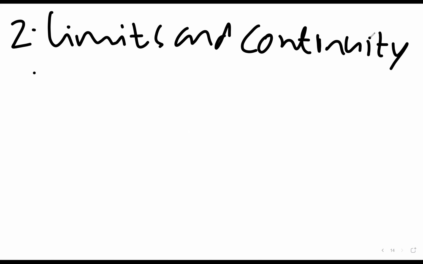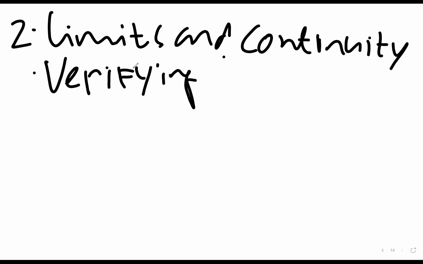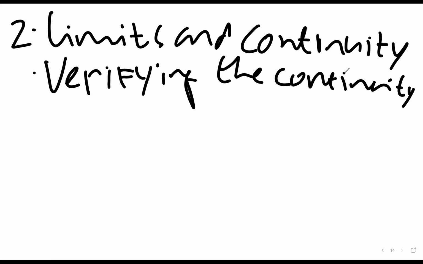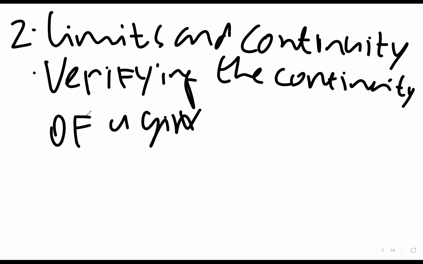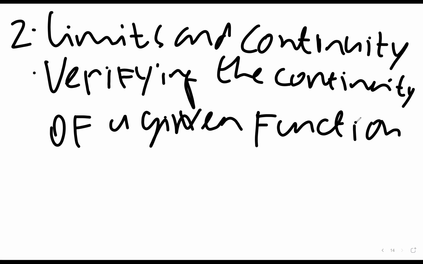The important concept here is verifying the continuity of a given function at a certain point.